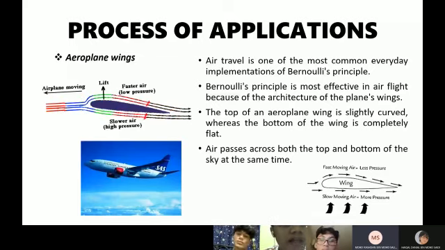Also, we can apply this air travel application to the blow the paper experiment. For the first step, we horizontally place a piece of paper under the lips and blow air over the top surface of the paper, and the paper moves upwards. This is because the air velocity on the top surface of the paper is higher than the bottom surface when it is blown.